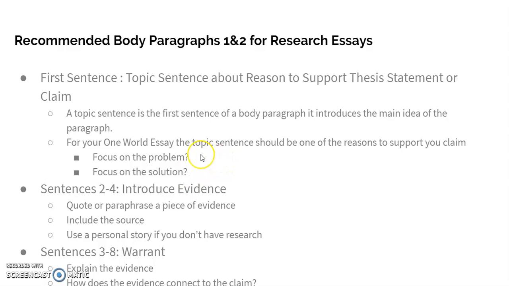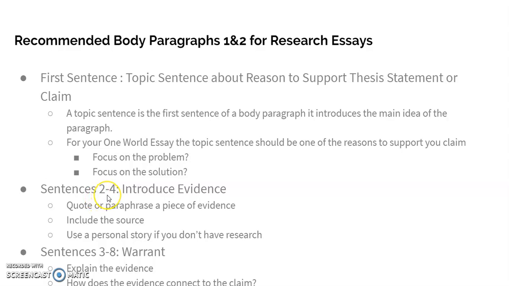Or you could have body paragraph 1 and 2 both focused on the problem, or 1 and 2 both focused on the solution. It's going to depend a lot on your topic, so you'll have to choose what is best for the situation that you're writing about. The first sentence is the main idea of the paragraph, a reason to support your claim.